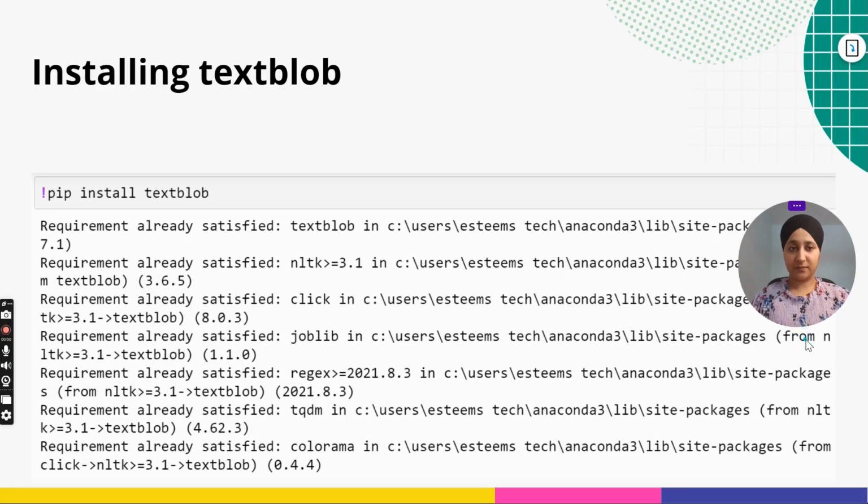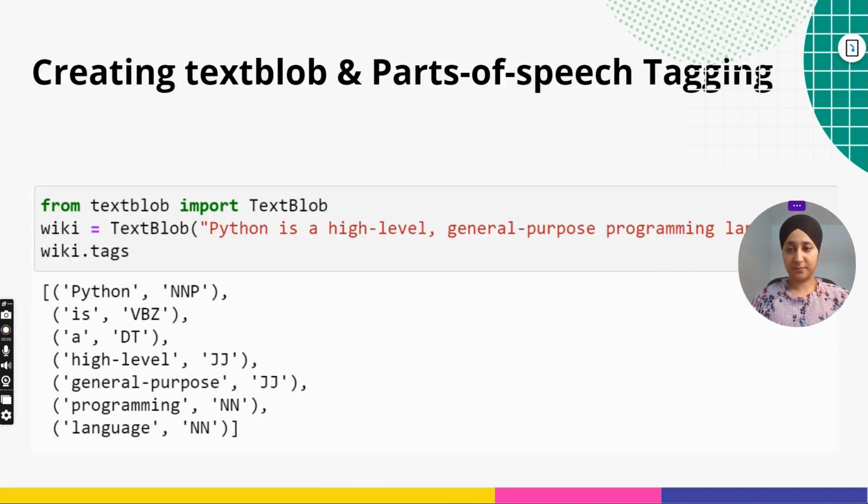Here you can see you can install this package TextBlob using an exclamation sign, then pip install textblob. And yes, from textblob we need to import TextBlob.